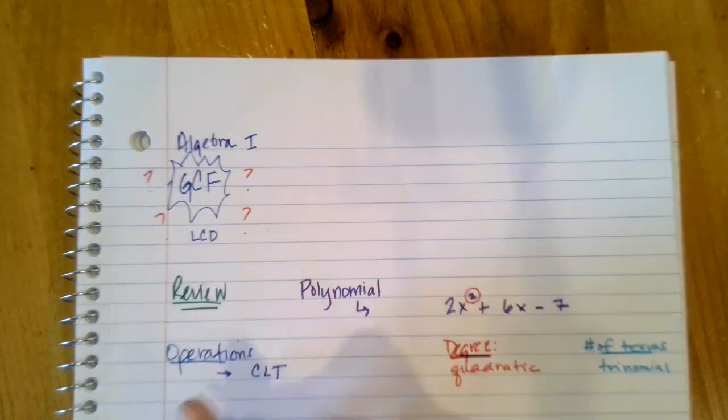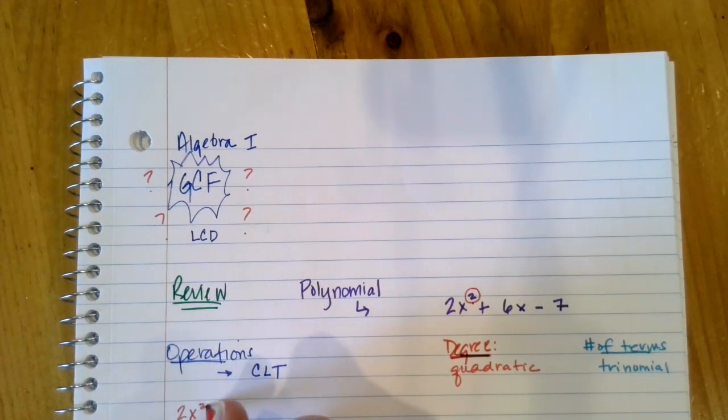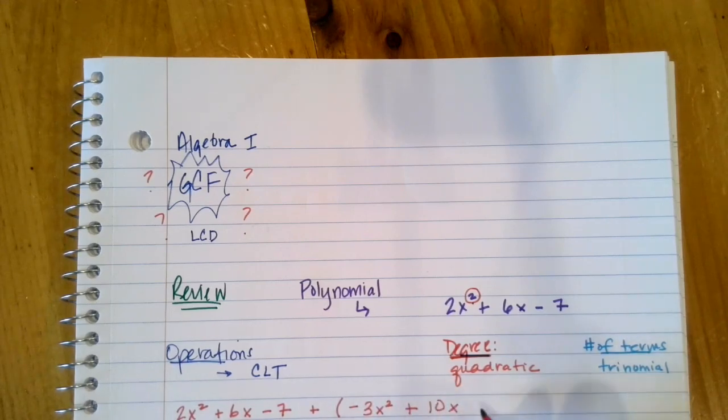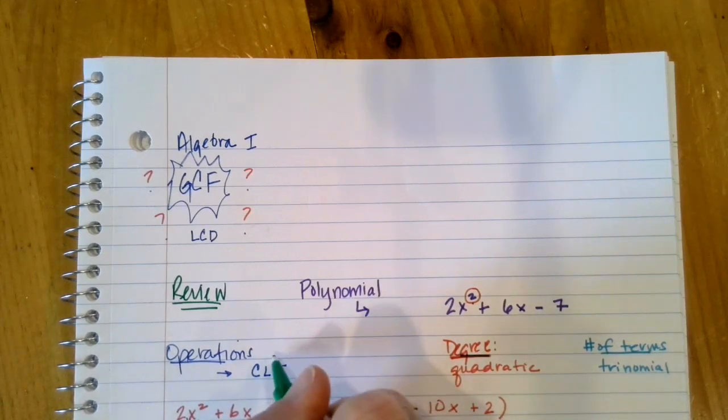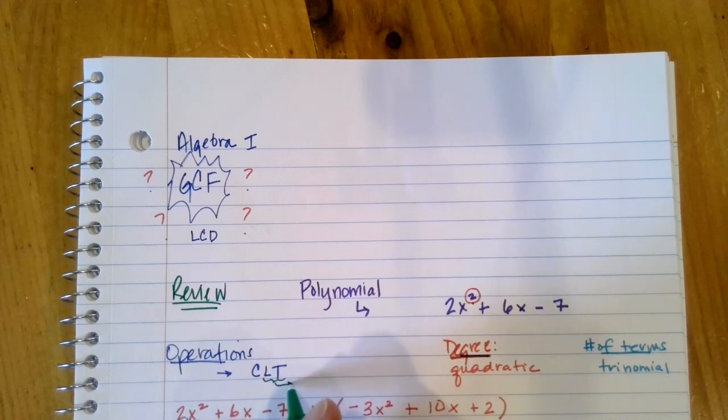So if I have a polynomial like 2x squared plus 6x minus 7, and I had another polynomial that I wanted to add to that, like negative 3x squared plus 10x plus 2, my job is just going to be to look at each variable, because a like term is going to be values that are the same variable to the same power.